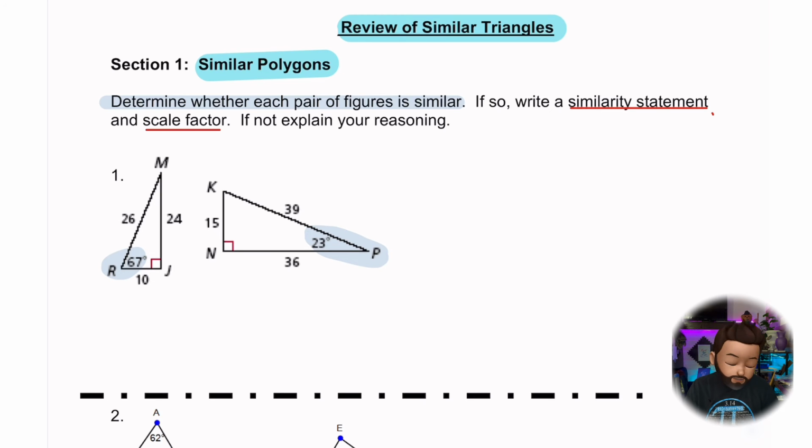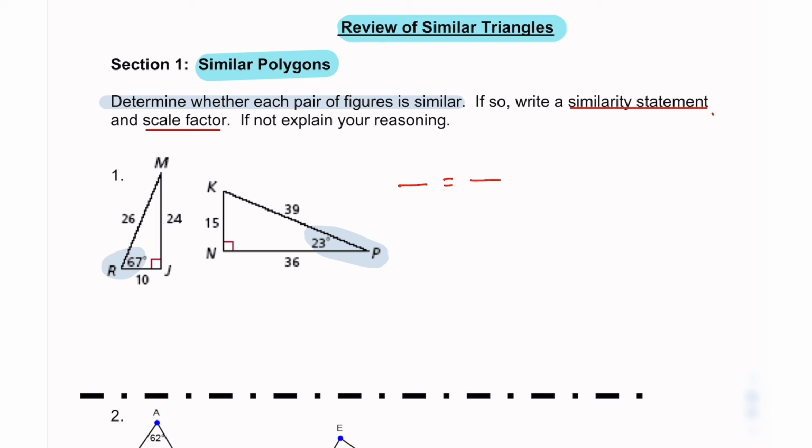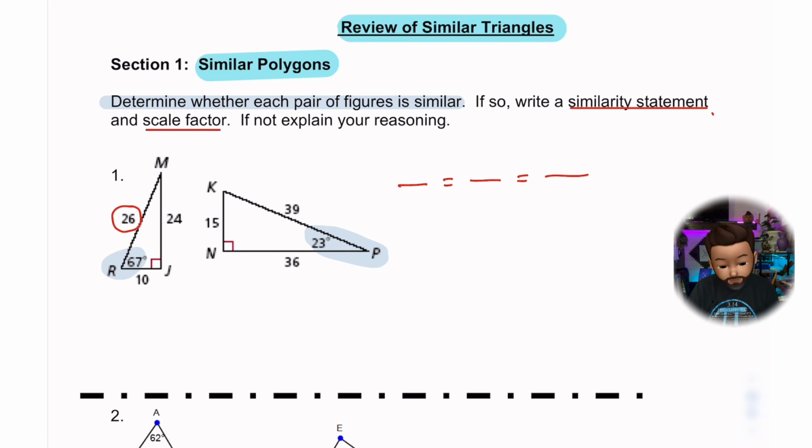So matching corresponding parts is really a big part of similar. As you see here, what we're doing is we're working out the details that in a right triangle there's a 90-degree angle, which means that the other two acute angles always add up to 90.